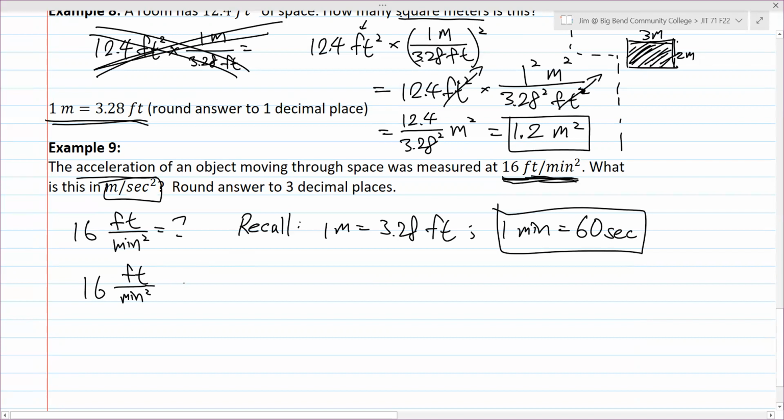All right, 16 feet per minute squared. Okay, we apply the fraction method again, and note that we're not just multiplying the original info with a new fraction for nothing. We're doing this with a good reason.